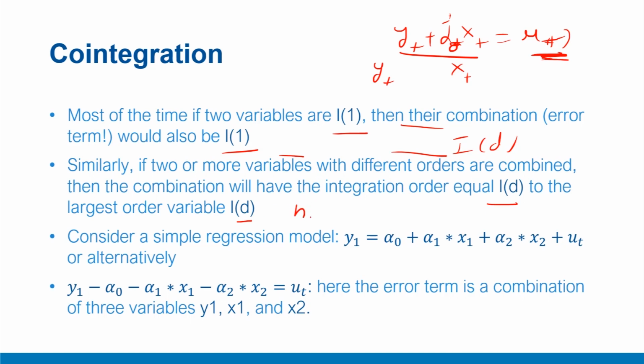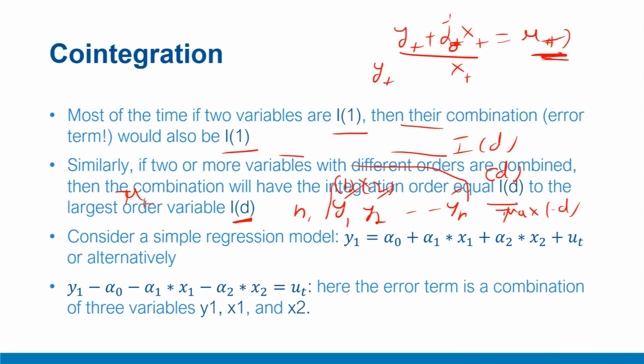So for example, if you have n variables like y1, y2 and so on up till yn, which are individually time series variables on their own, and let's say some of them are integrated of order 1, some of order 2, and the highest order of integration is d, then the resulting error term is expected to be integrated of the largest order, that is d. So mu t will be integrated of order d, which is the largest order of integration across all these variables.